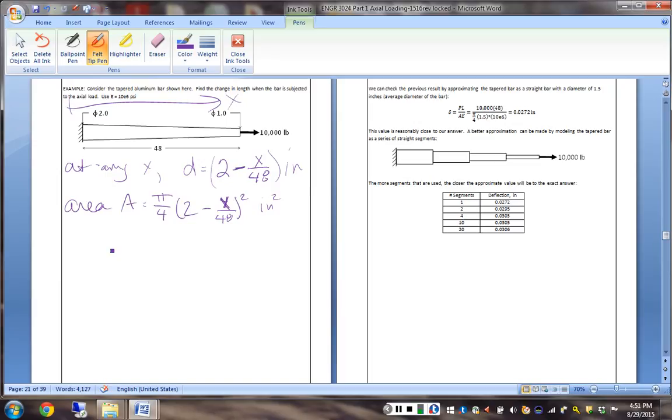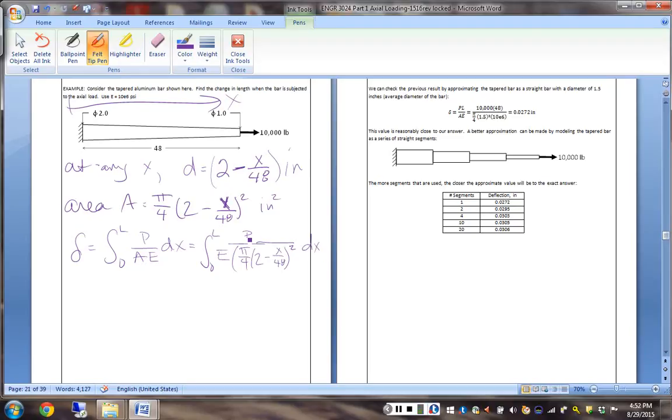Deformation due to this axial load generally is the integral over the length of the load over the area times the modulus, dx. Well, we have this function of x as the area, so we have the integral from 0 to L of P over E times this somewhat cumbersome expression, 2 minus x over 48 squared, and all of that times dx.